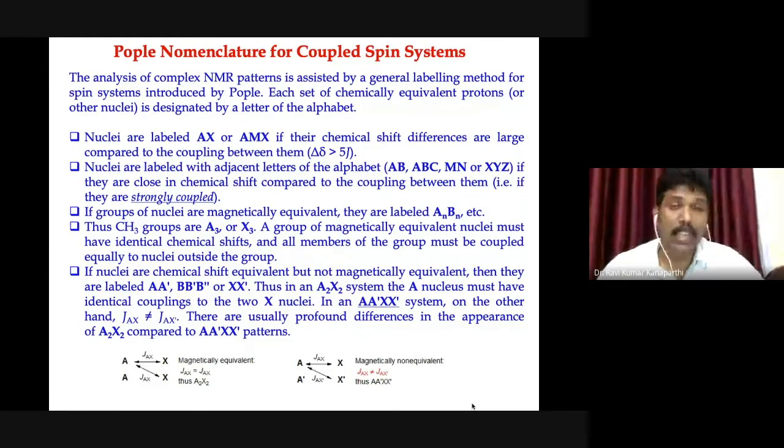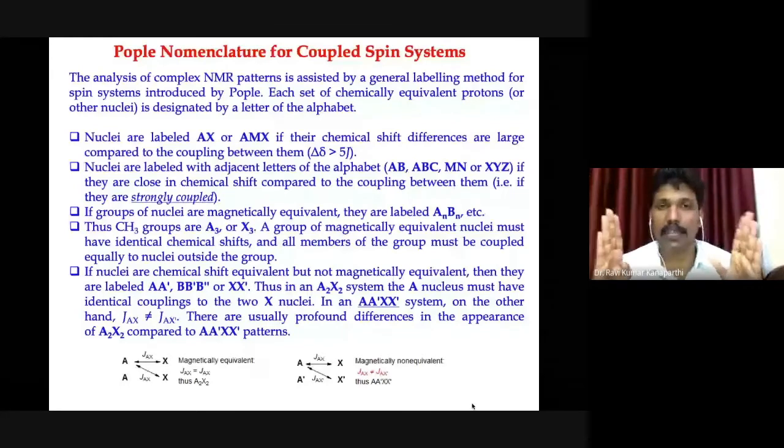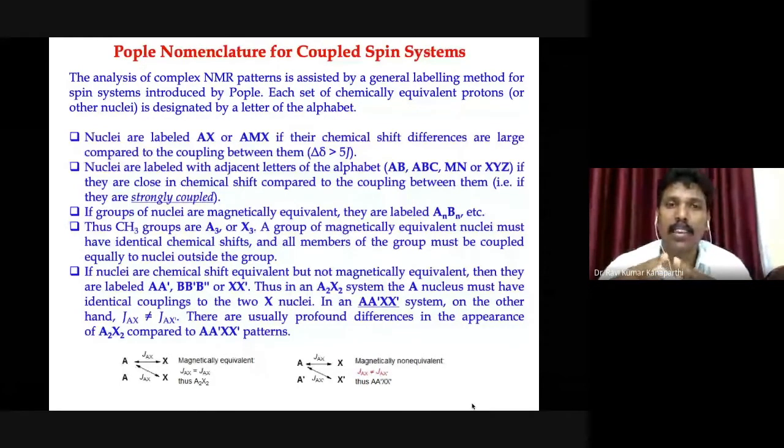On the other hand, you can have different varieties of spin systems. Another one is AMX. M comes almost in the middle, so in between these two you can have another line. But still, if you are able to distinguish one from the other and assign them, that's fine.